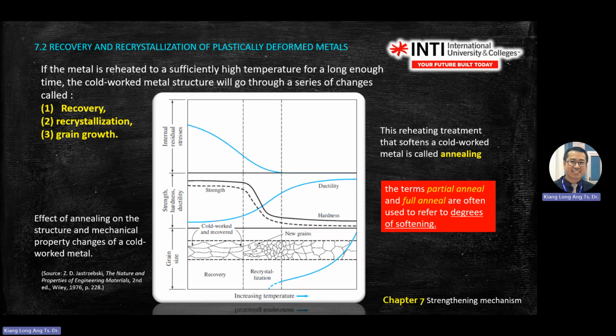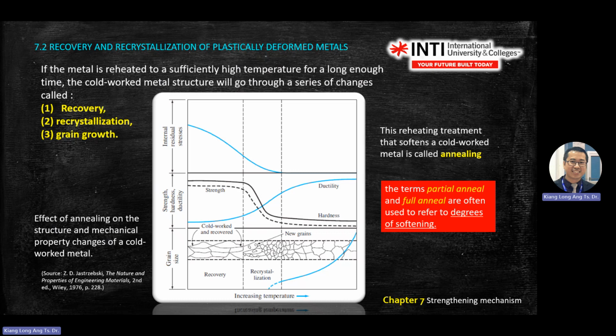Strength will drop. Okay, why does strength drop when you increase temperature? Because of the small grains here. Small grains are actually a weakness or defect in the structure. Then on the top is internal residual stress.